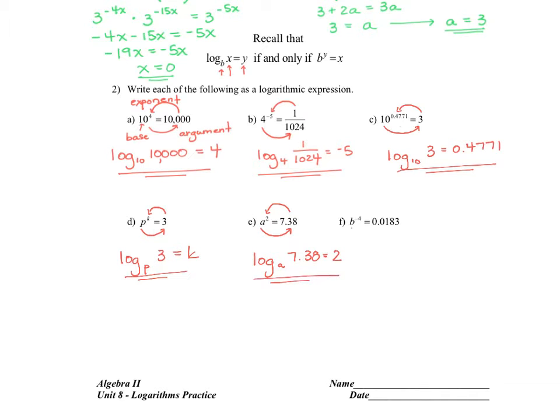And finally, log base b of 0.0183 equals negative 4.